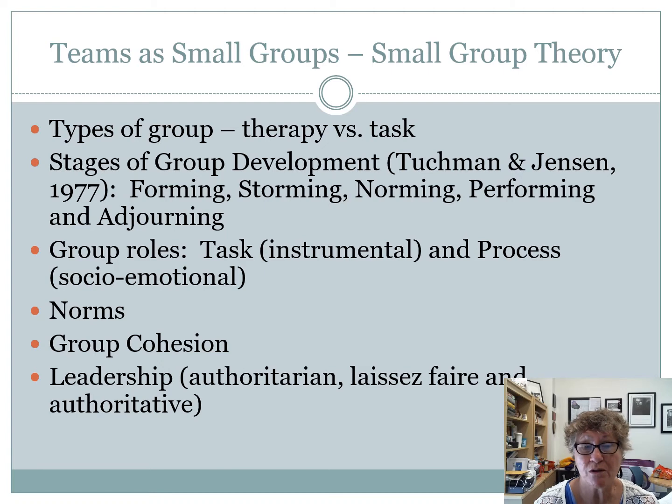Because if groups all just do the bobblehead and say, yeah, yeah, yeah, that's really what we call groupthink, where people are not thinking for themselves. Everybody's just going along, not really questioning, not using critical thinking, not looking at outside perspectives, all of which can be very damaging to group outcomes in the long run.